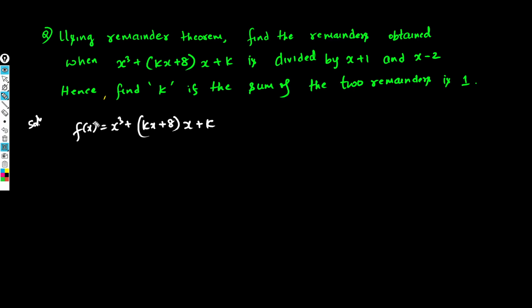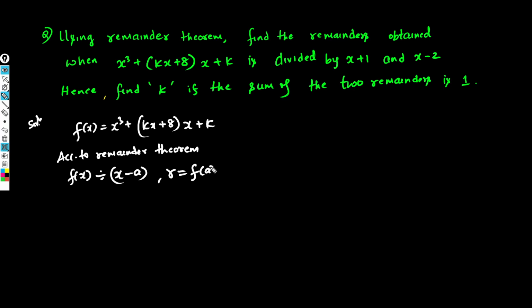We know that according to remainder theorem, when a polynomial f of x is divided by x minus a, the remainder is f of a.